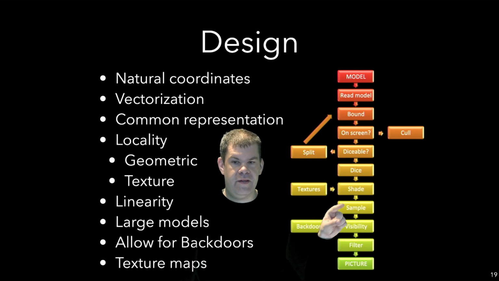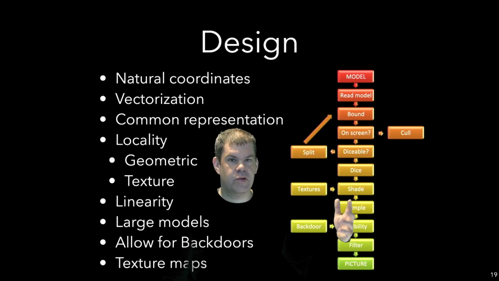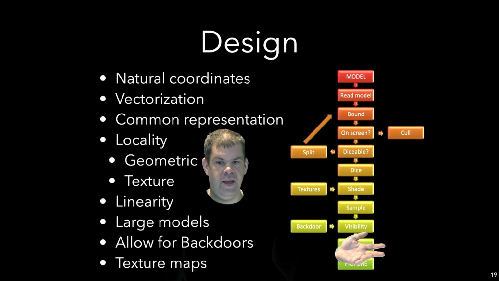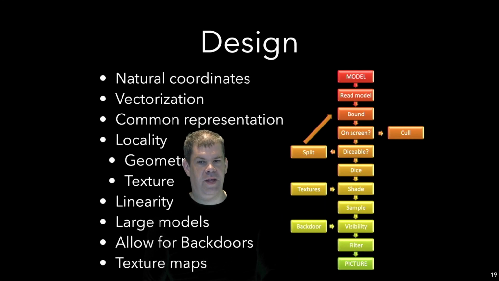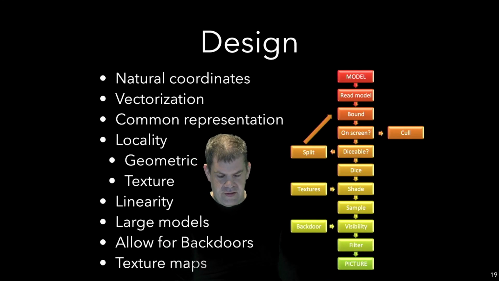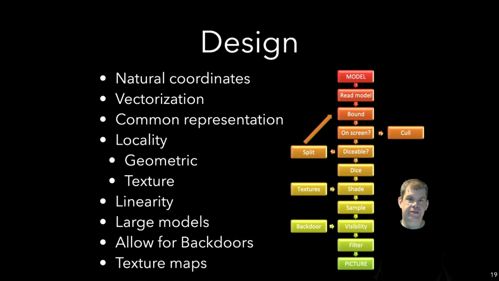Then we've got visibility computation, never mind the vector here, filters, and that's what we would call Z buffer and, to some degree, blending. So in essence, that is a description of what a rasterizer looks like with a bunch of additions, and those are the key insight. Well, we'll see how that part works.